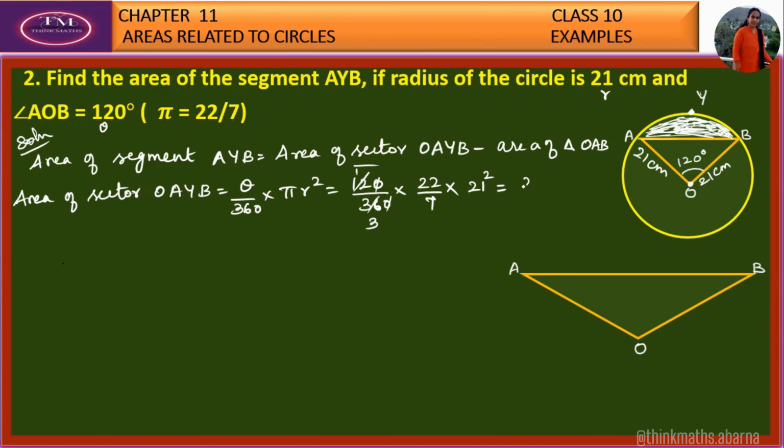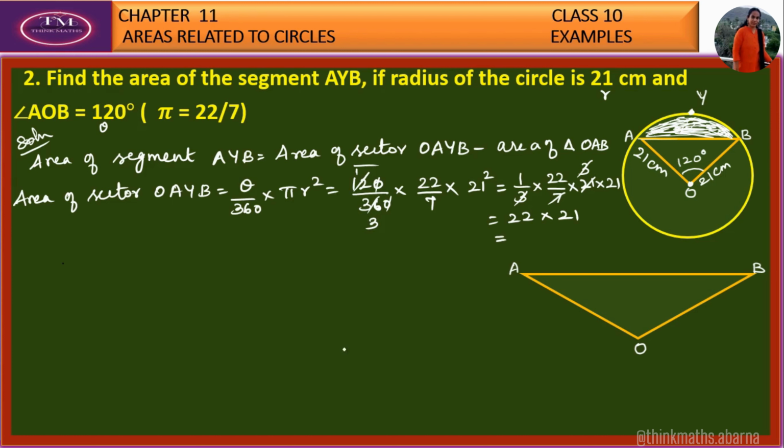So the first part is 1 by 3. 1 by 3 into 22 by 7 into 21 square, which can be written as 21 into 21. Here 1 sevens are 7, 3 sevens are 21. So these two 3s get cancelled. So we will have 22 into 21.